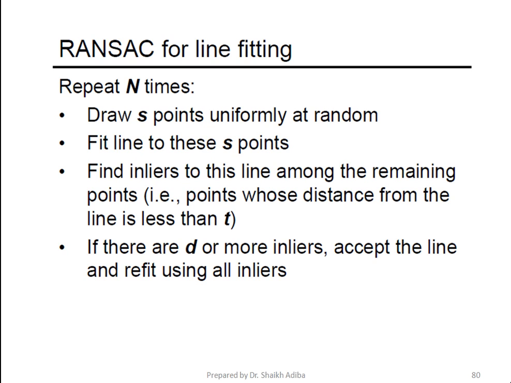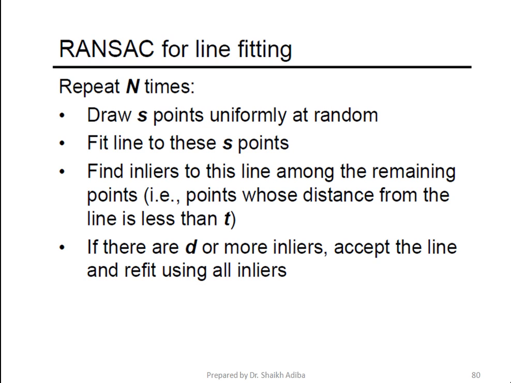Now, if there are D or more inliers, accept the line and refit using all inliers. So, when we map the remaining points that are close to the line, and we recompute the line and accept these additional points, as the number of points increases, you will ultimately get another sort of line here.